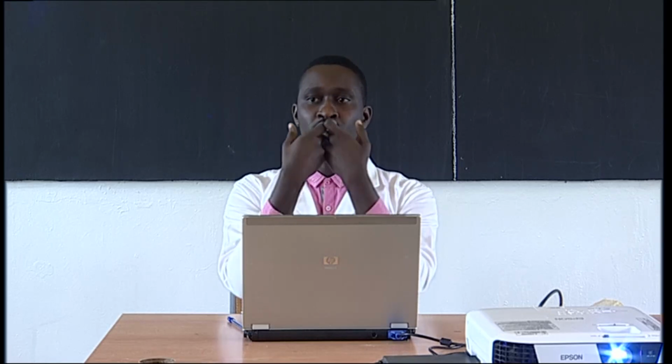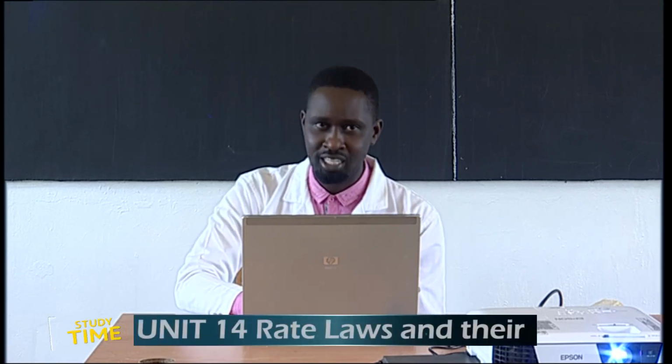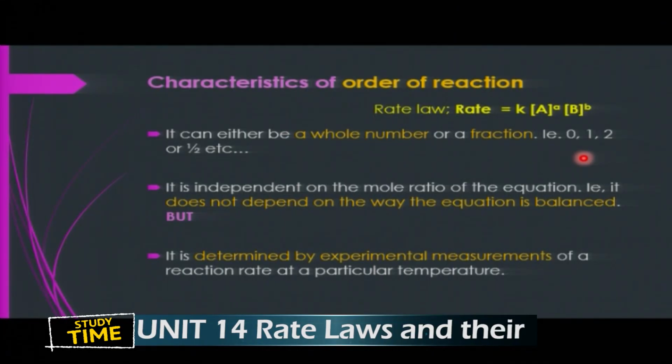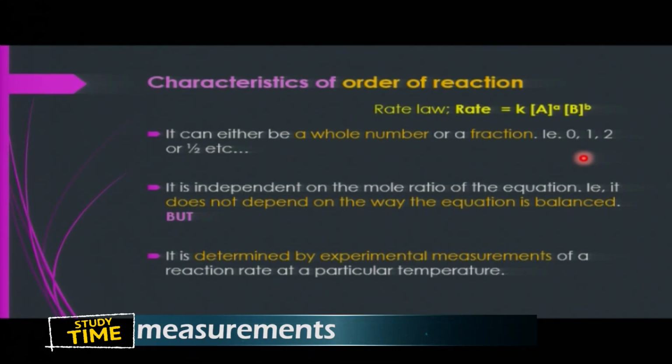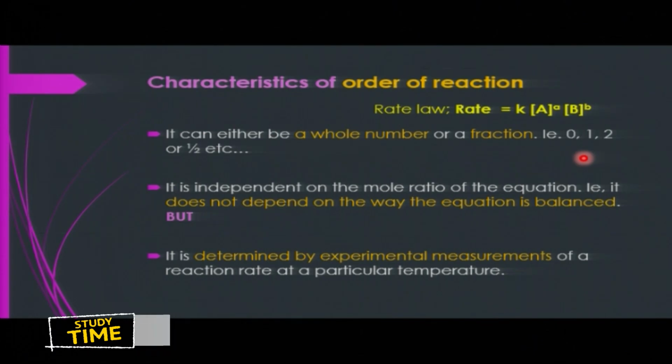Instead of using words, we want to bring it to a mathematical expression, in numbers. We want to make it quantifiable. So if you have a 1 here, what does it mean? If you have a 2, what does it mean? If you have a 3, what does it mean? We are bringing those words to numbers. That is basically the order of a reaction.